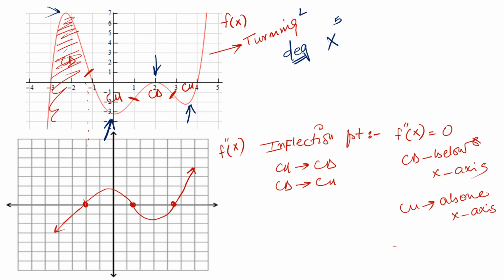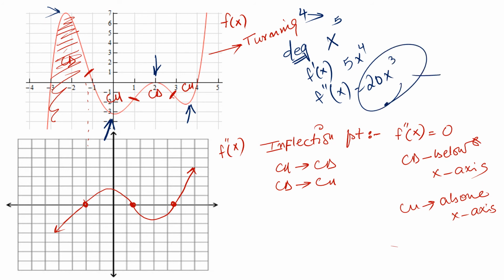If I have 4 turnings, I add 1 in the power. So my first derivative will have 5x to the power 4, and my second derivative would be somewhere like 20x cube. 20x cube means I should have 2 turnings, because the turnings are 1 less than the function.